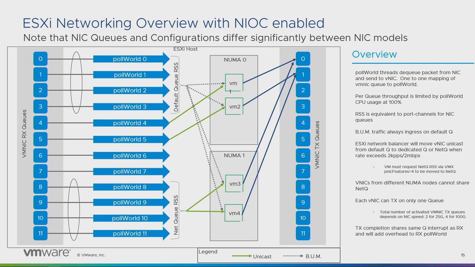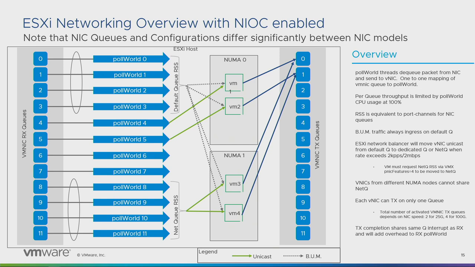Now, when the traffic rate to your VM exceeds 2 megabits per second, or 2,000 packets per second, there is an ESXi load balancer algorithm that runs, that looks at that traffic rate and says, hey, you have exceeded the threshold of 2,000 packets per second. Let me move you out of the default queue into another queue. So which queue does it decide to move your VM to? It will move it based on how your VM is configured.